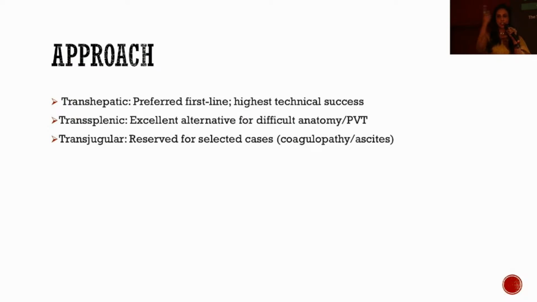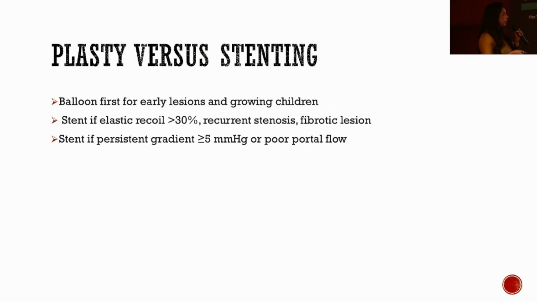You know the direction, you know where it is going, and you know where to go. If you see the road, it is easy to walk down the path. And transjugular is reserved for selected cases, like if there's coagulopathy or a lot of ascites, you can probably go for transjugular as well. And do you do plasty or do you do stenting? Always plasty, if it is a very short lesion and if there is no recoil after the plasty.